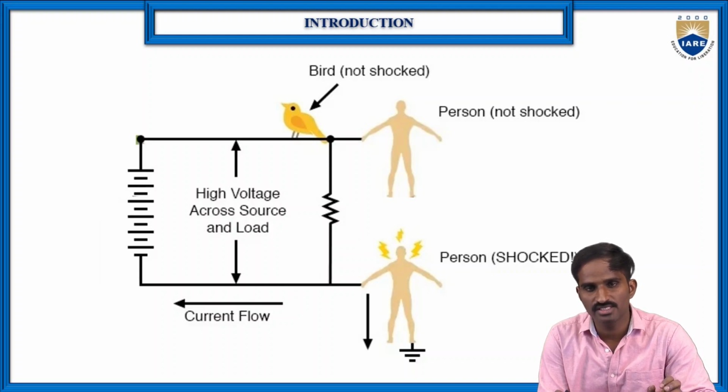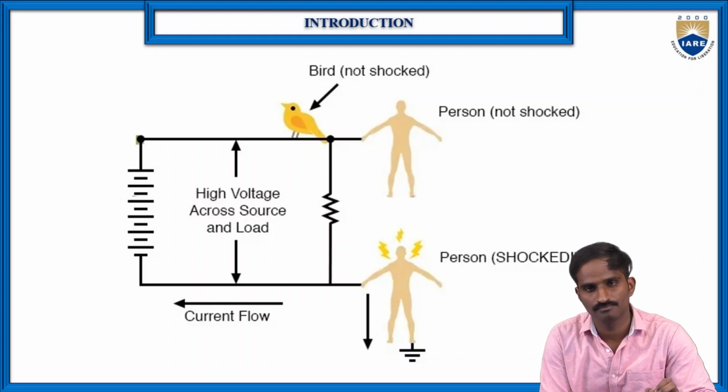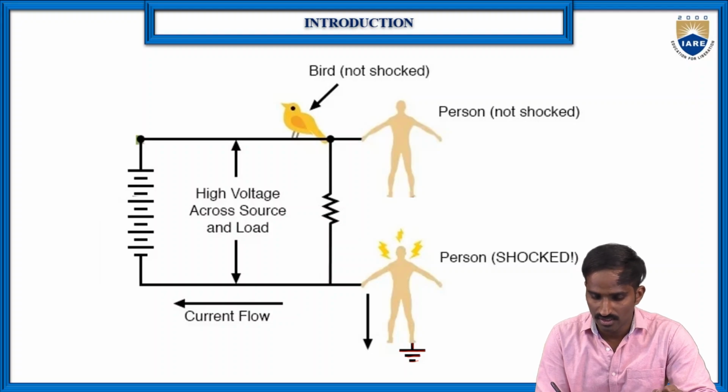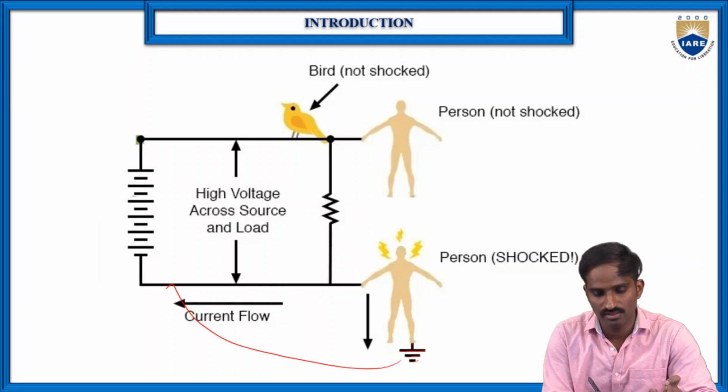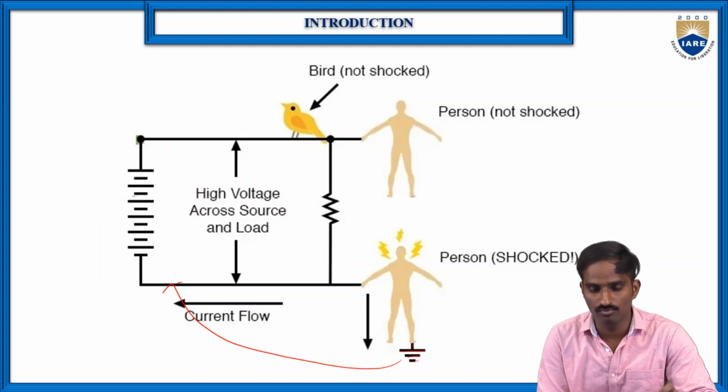Here the current is flowing through his body, but there is no return path to close the circuit. That is why the bird and the person are not shocked. But here the ground acts as the return path, like the earth connection sometimes in your homes. So this person will get shocked. Of course you will, but don't try this at home.